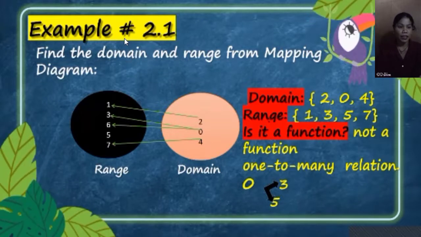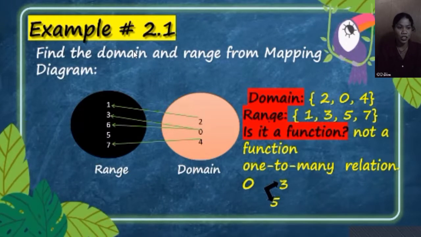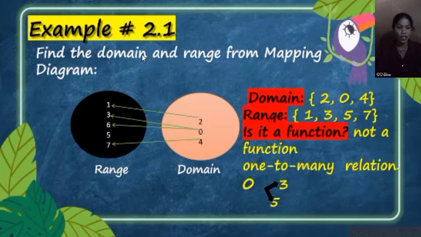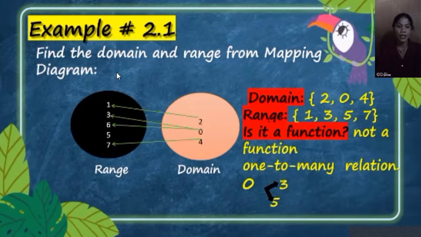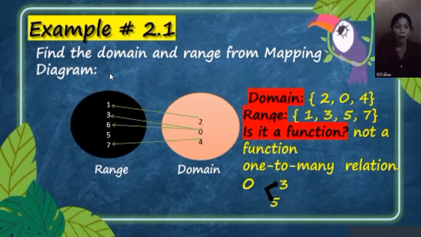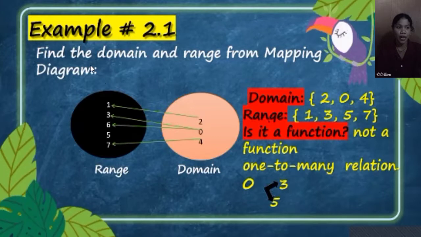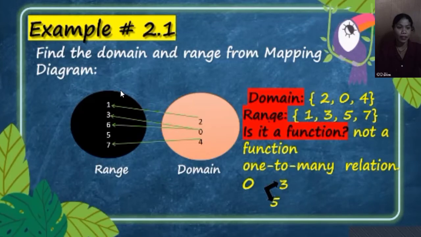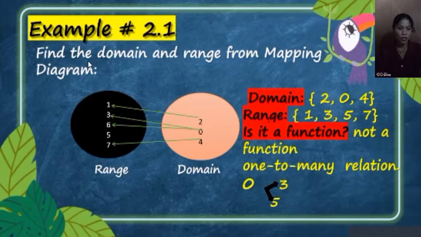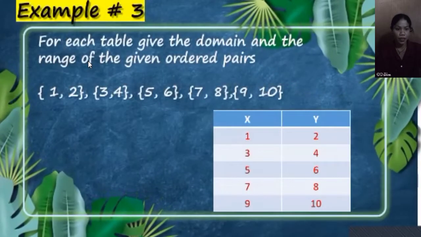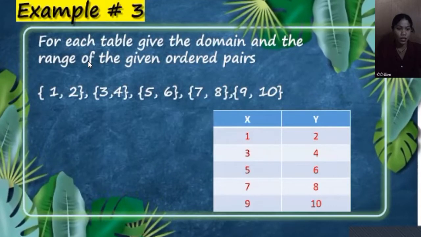The range is 1, 3, 5, and 7. Is it a function? No, it is a one-to-many relation. Just like I said, x values cannot be repeated. Here, 0 maps to 3 and also to 6.